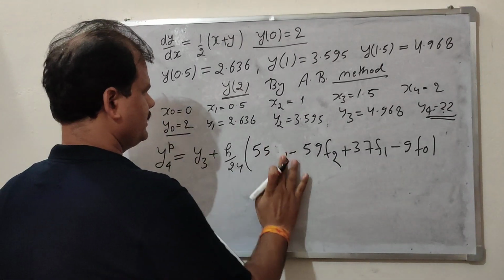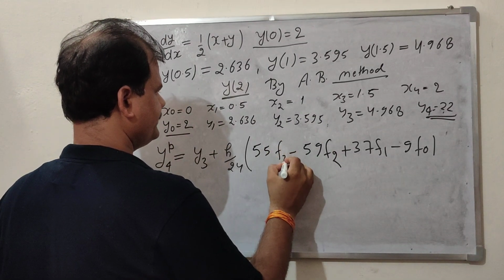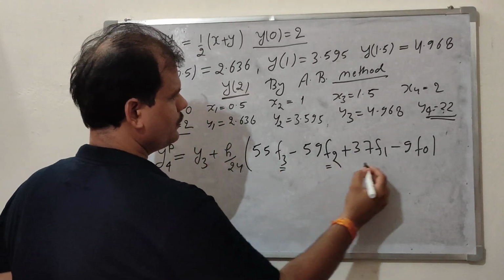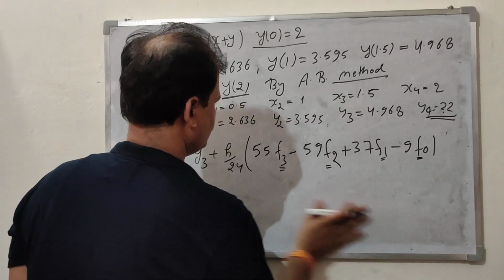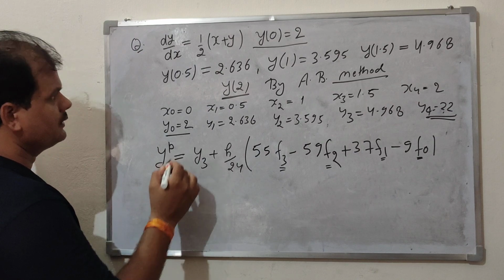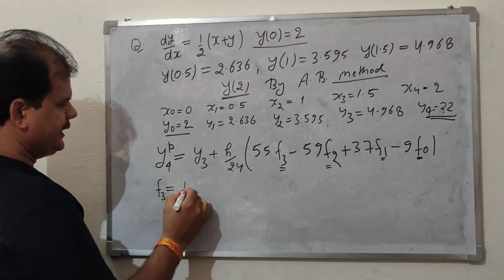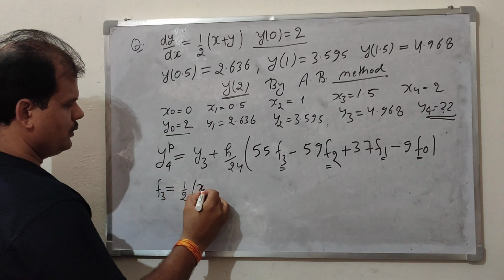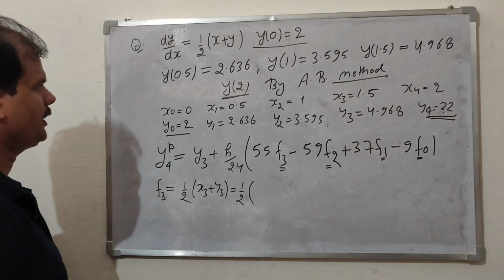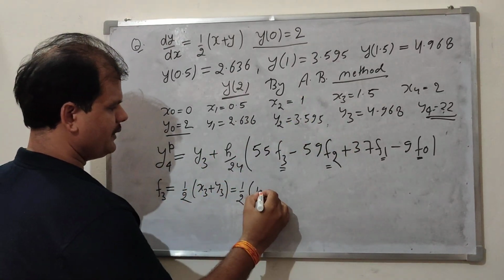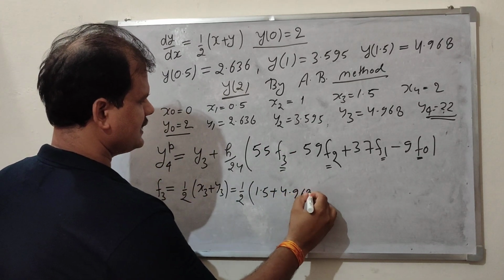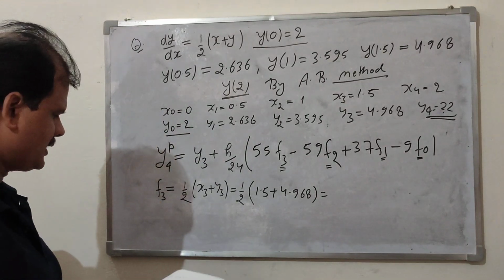Actually this is f3, not y3. Now we need to calculate f3, f2, f1 and f0. What is f3? f equal to 1 by 2 x plus y, so 1 by 2 x3, which is 1.5, plus y3 equal to 4.968.